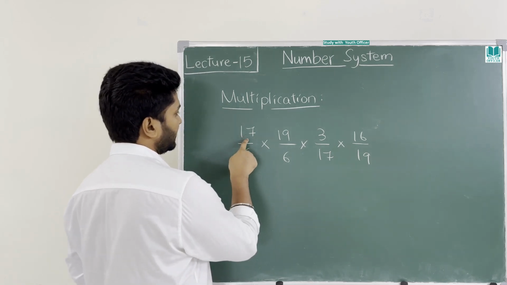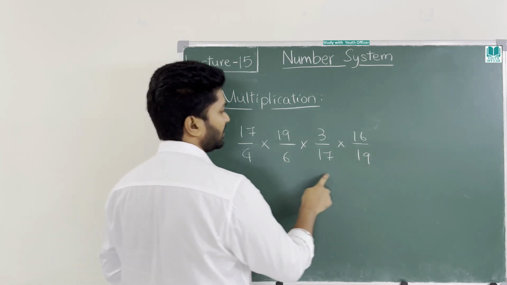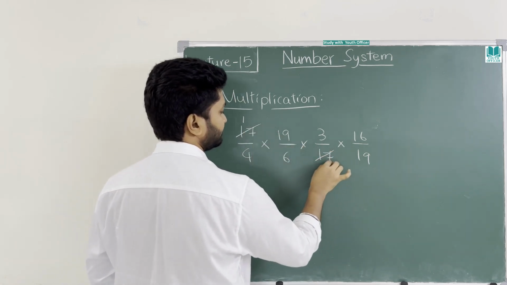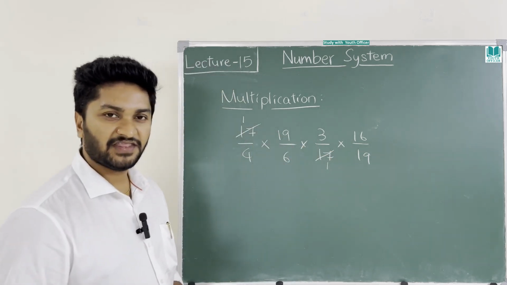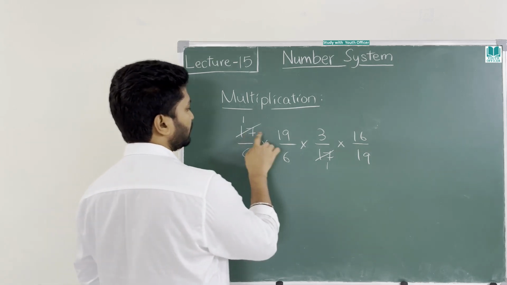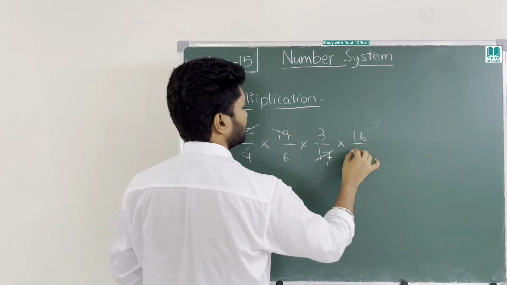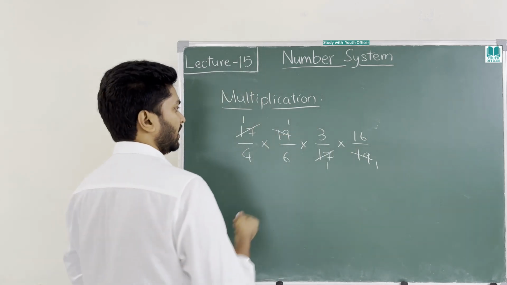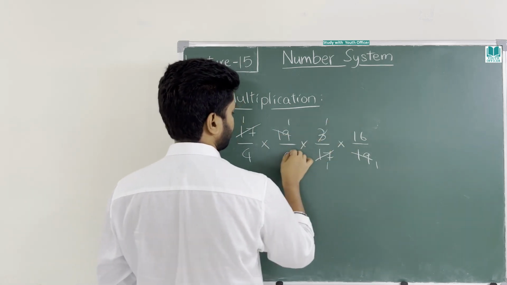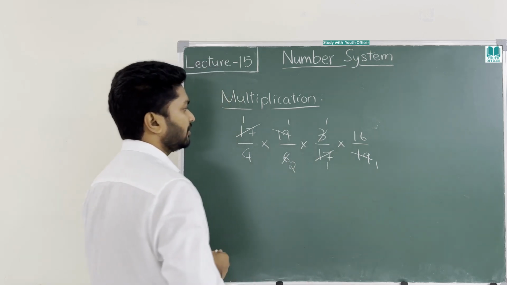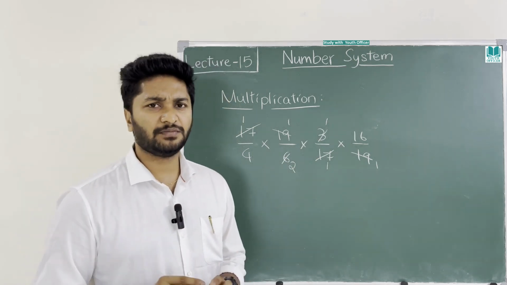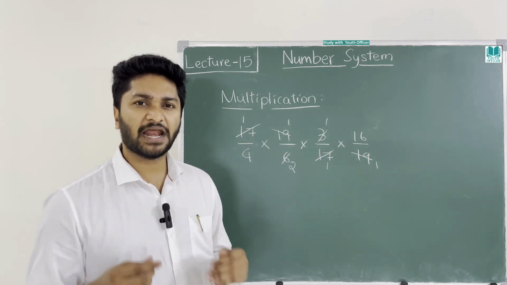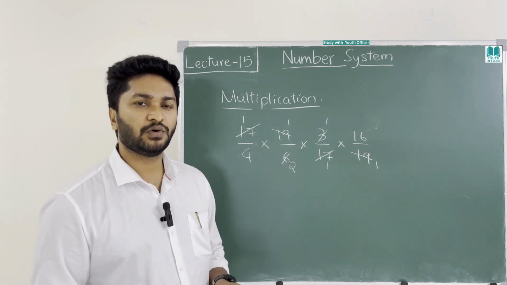If you see numerator 17, is there any denominator 17? Yes, there is one denominator. You cancel it. Happy with the cancellation? Very good. No need to multiply 17 now. 19 also you can cancel. You can cancel third table one time, here 2 times. In order to cancel this, you should be very thorough with your multiplications. I taught you multiplication in the previous classes. Please practice more. Keep writing more without seeing.